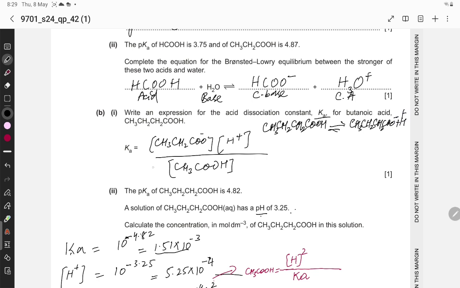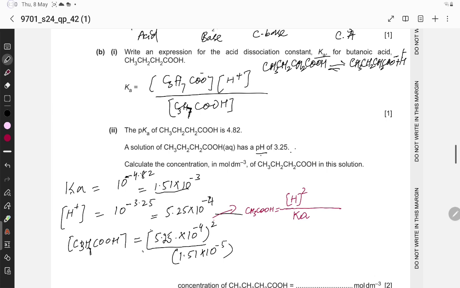The dissociation constant of the acid is concentration of products divided by reactant. So this is butanoate ion, C3H7COO negative, and hydrogen ion, divided by the concentration of butanoic acid.